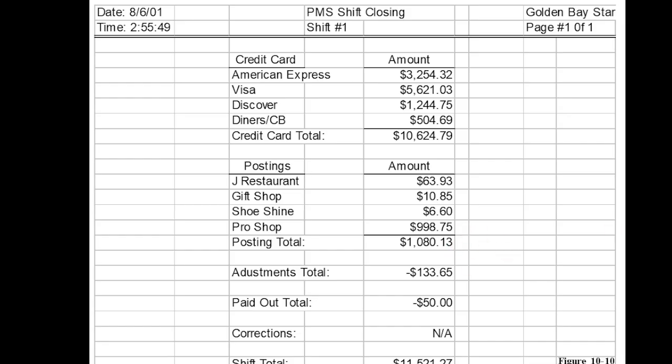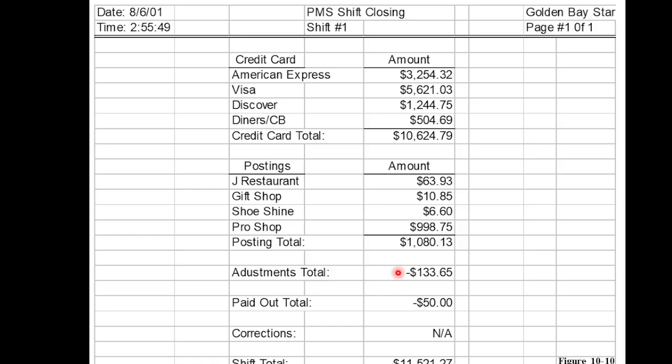So as you can see, you have here the total of $1,080.13 for the posting of some other items made. Okay, so the adjustment total, as you can see, is negative. Why is it negative? That means revenue was reduced.